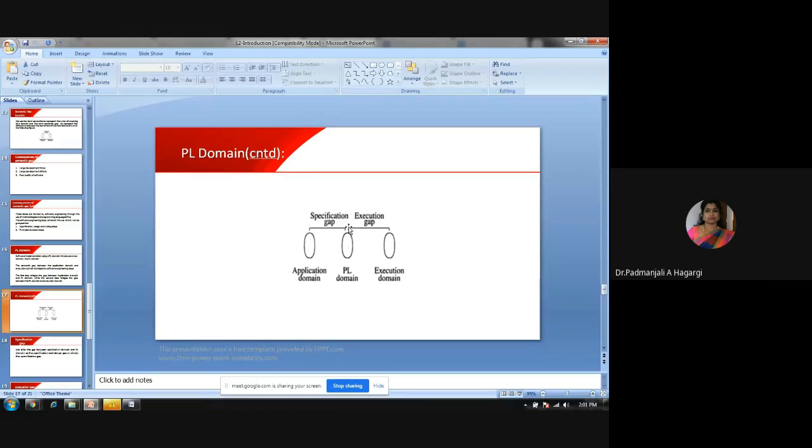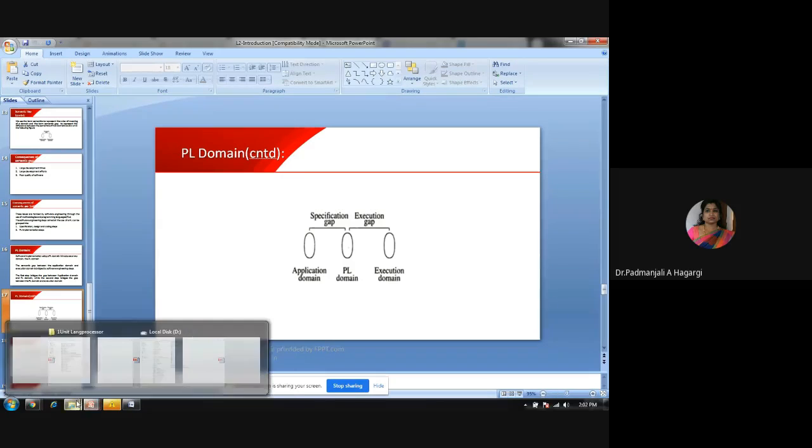These two gaps give importance to four aspects: data types, data structure, control structure, and even scope rules. These four features are very important in fulfilling the specification gap and execution gap, because it all depends on choosing the programming language. So I have just shown you a glimpse.